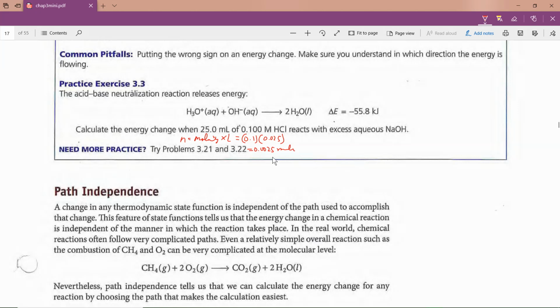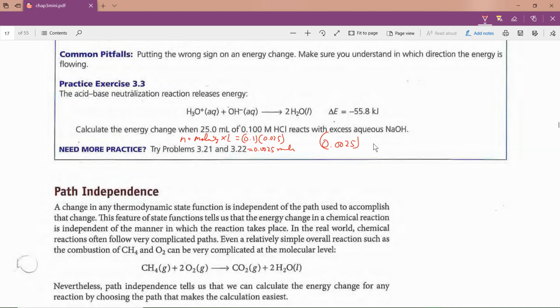So I know that if 1 mole of ammonia is going to react, if 1 mole of hydronium ion is going to react with 1 mole of hydroxide, I'll form 2 moles of water and 55.8 kilojoules will be released. Here I am having 0.0025 moles of H3O+.